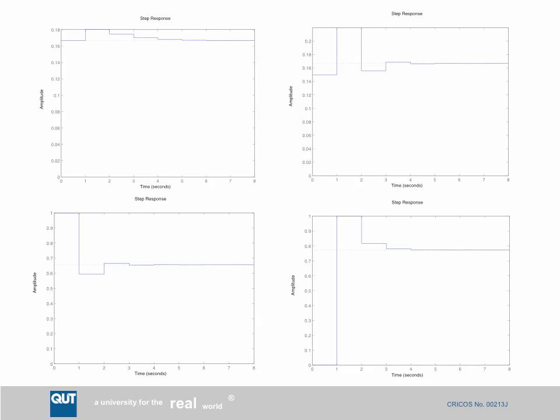And let's look at the step responses, and we see here that they have actually got quite different steady state values. Some of them are around about 0.16 and a bit, some of them are a bit above 0.7, one of them is a bit below 0.7, and they have different amounts of overshoot.